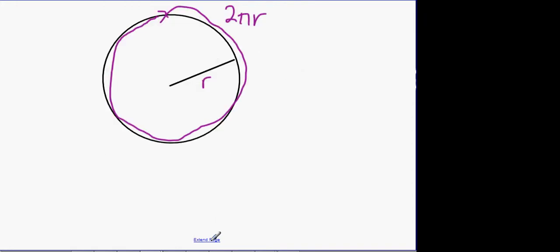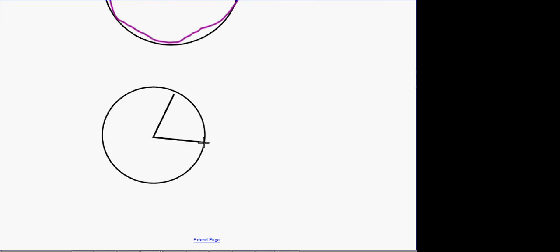Now imagine if I showed you this question. I showed you one a second ago that was like this. If I said this is a length of 5, and that's a length of 5, how many radians do I have in here? 1. Okay, if I said this was 15, how many radians is my angle now? 3 radians.